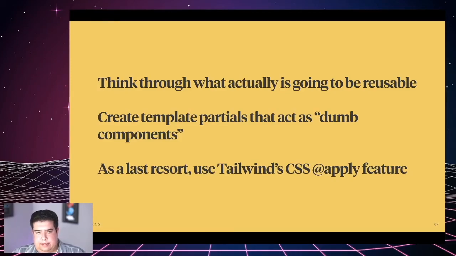I still want the CMS template parser to handle all the logic and basically just pass that data to these components and have variables that pre-fill with that content. And then the last resort, if I really need to extract something, is to use Tailwind's built-in apply feature, which we haven't talked about yet, and for good reason, but that is something we could use as a last resort.